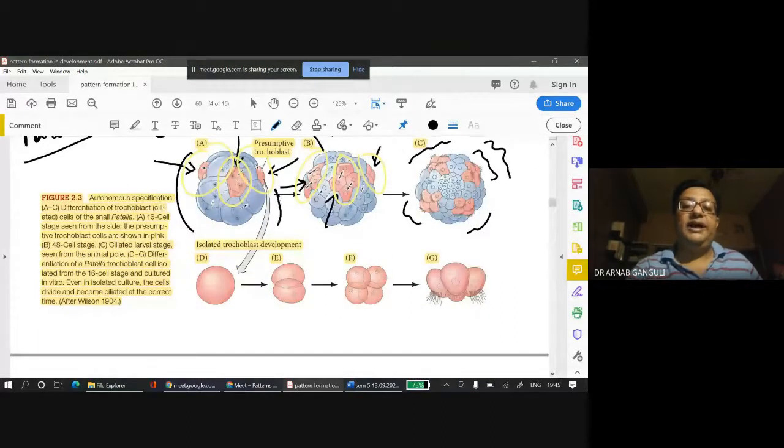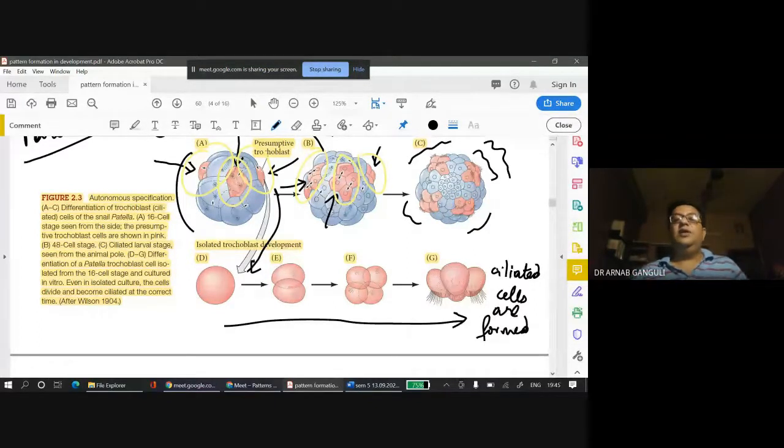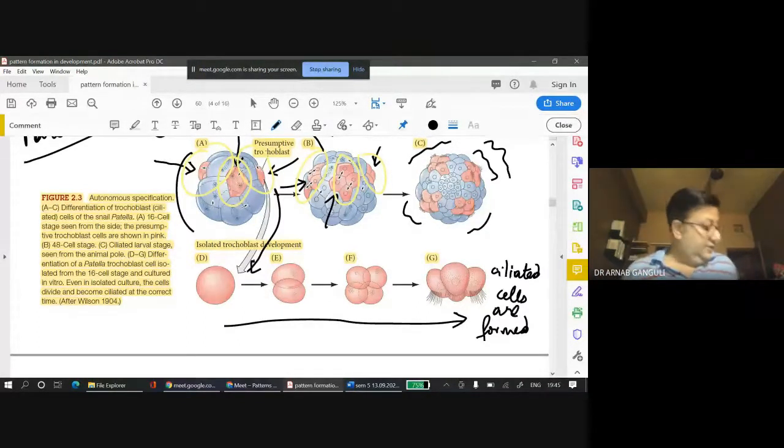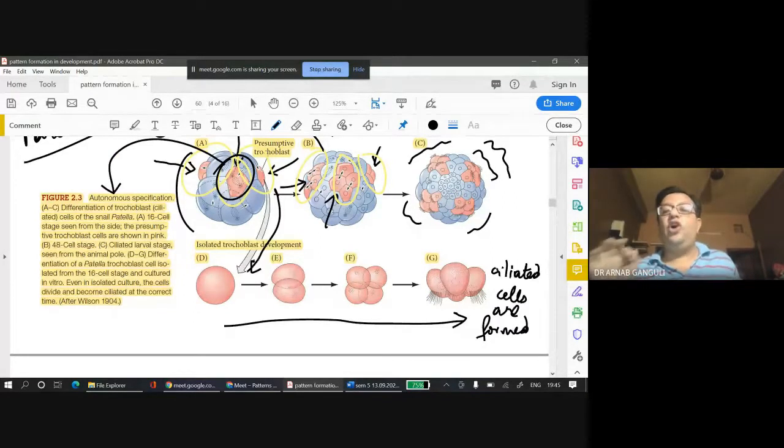Now, for example, if you isolate this cell, it will divide and form the ciliated cells. This happens on its own, by itself. Therefore, it is known as autonomous specification. So already this region is autonomously specified to form ciliated cells.